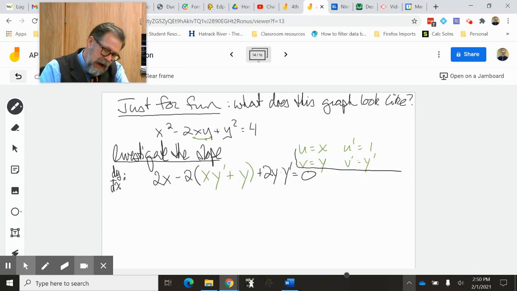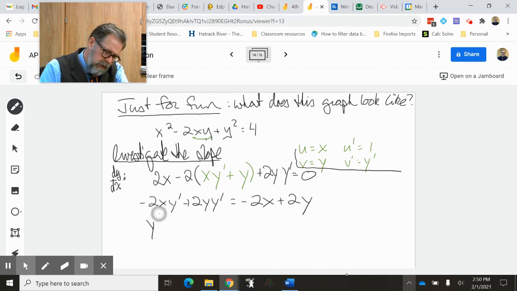So let's isolate the y prime terms. I've got negative 2x y prime, plus 2y y prime. On the other side, I'm going to have minus 2x and plus 2y.